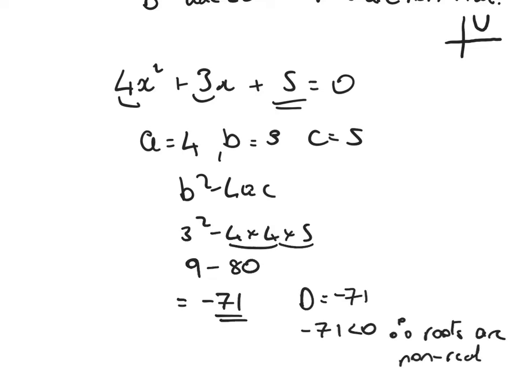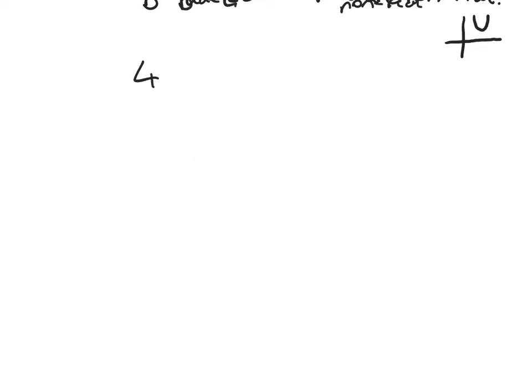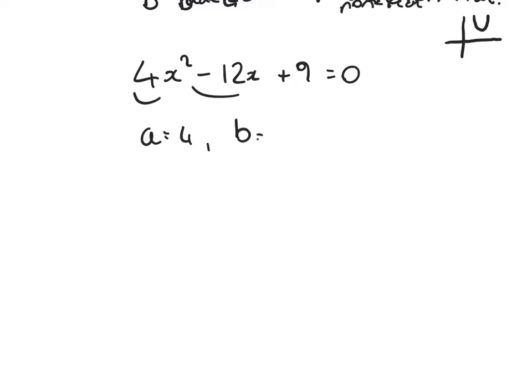Okay, example 2. Calculate the discriminant and find the nature of the roots for 4x squared minus 12x plus 9 is equal to 0. Okay, so a is equal to 4, b is minus 12, and c is equal to 9.